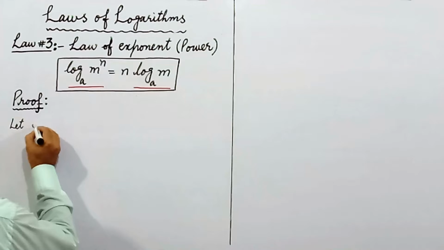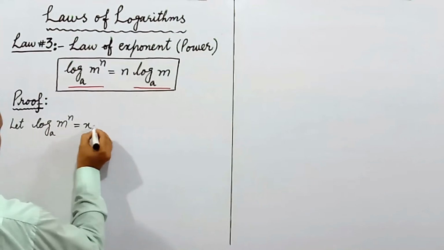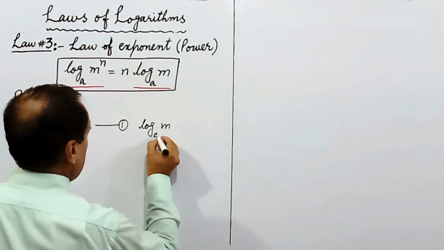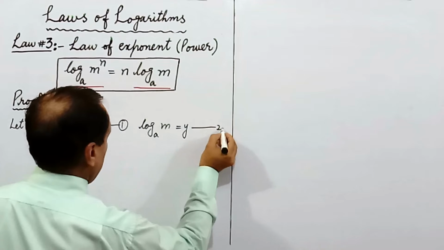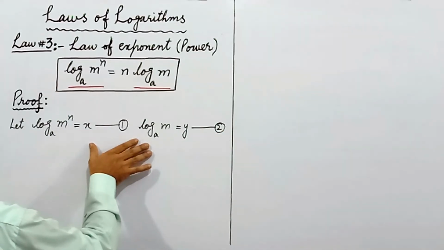Let log m raised to the power n to the base a is equal to x, named as equation 1, and log m to the base a is equal to y, named as equation number 2. We write these equations in exponential form by using the definition of log.